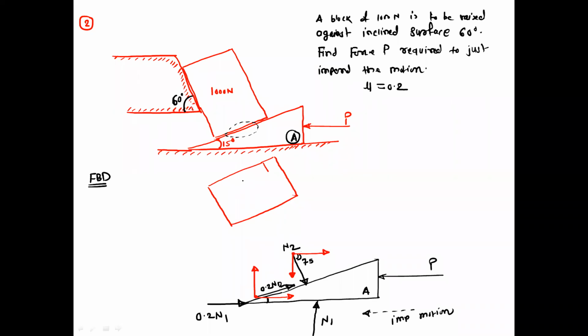So for the block of 1000 Newton, its weight will act vertically downward. So this is exactly along negative Y direction. So 1000 Newton.